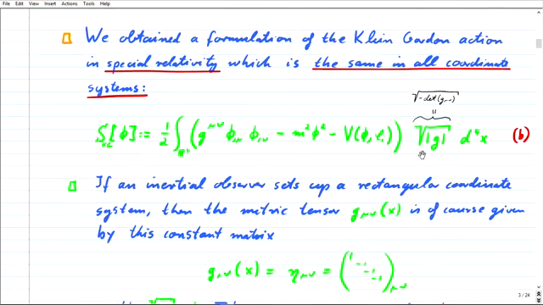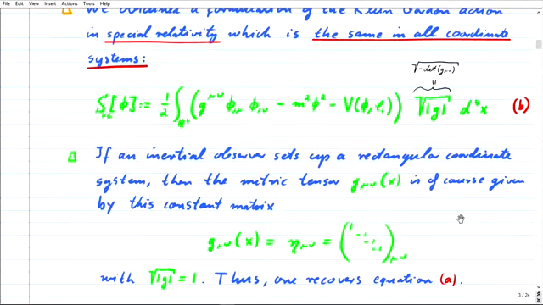It will map that field, independently of the coordinate system in which we represent it, into the same number, the action. So it's a scalar action. It's a global scalar. It doesn't depend on the coordinate system at all.